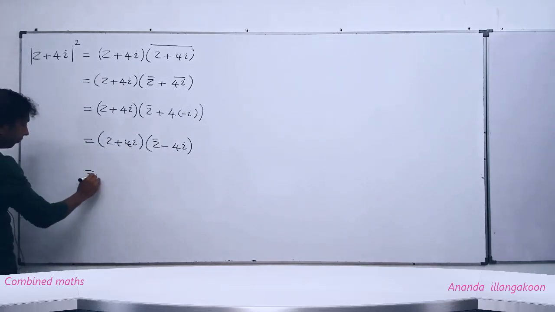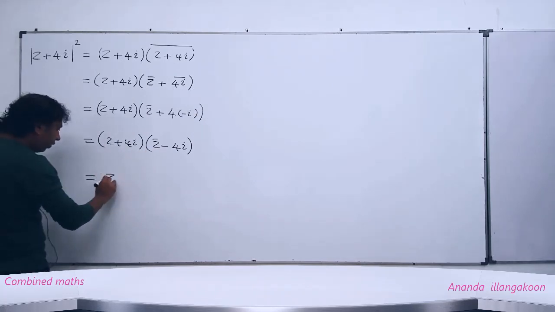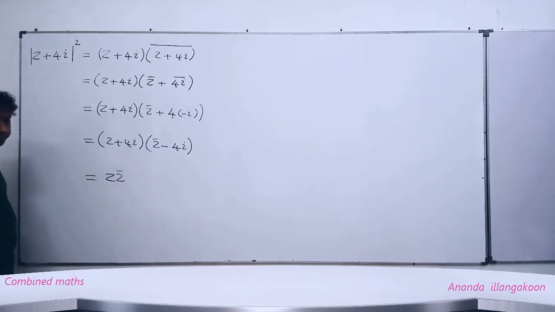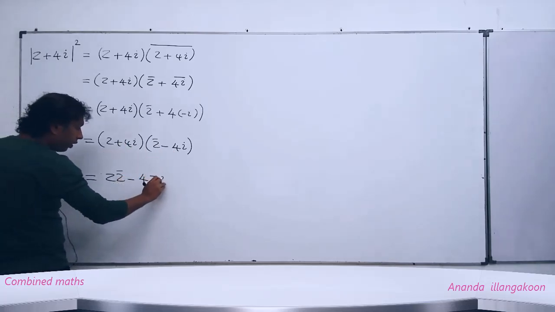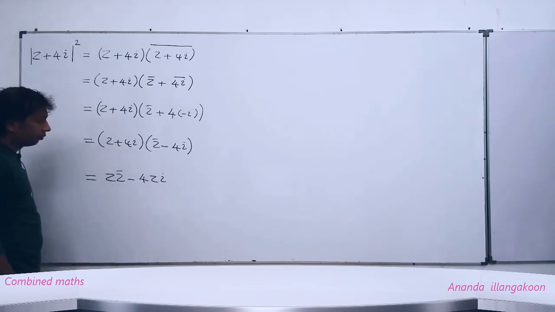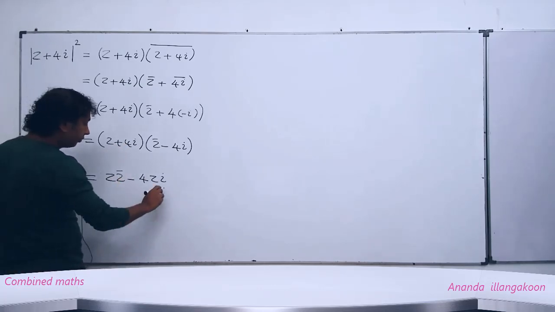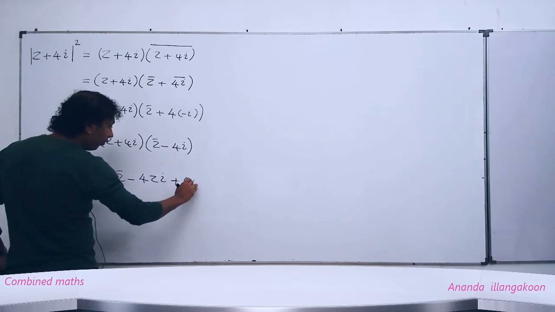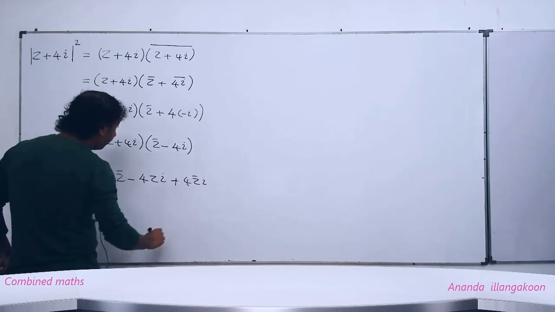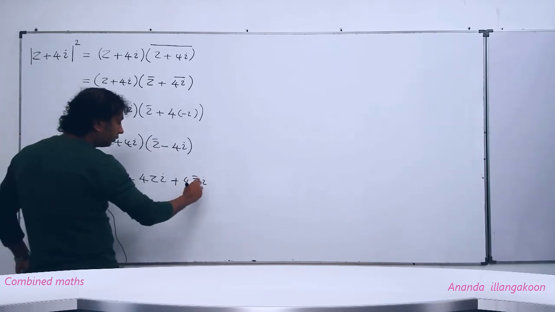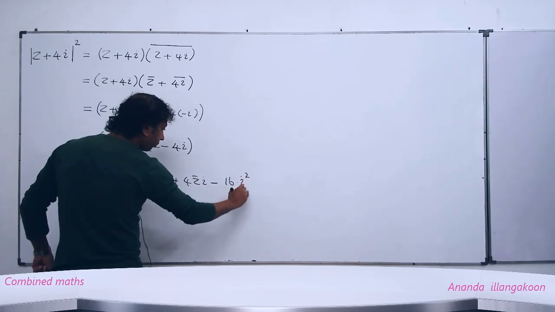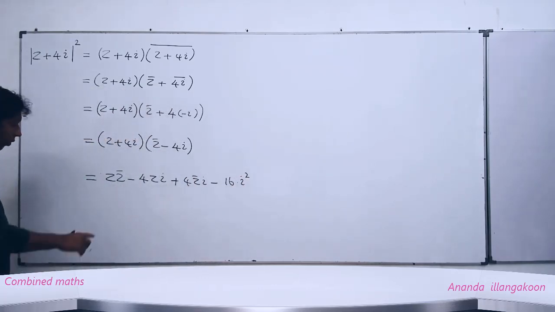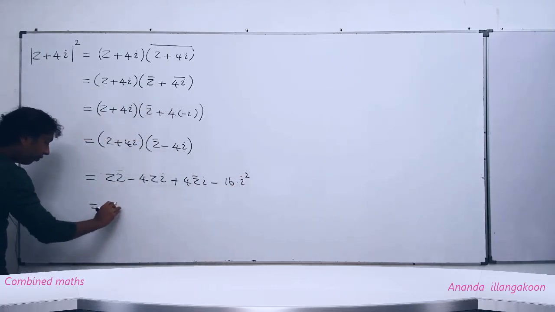Now you can write Z into Z bar. Right, people? Here Z for Z I, and here for Z bar I, this and this, minus 16 I squared. You know, people, Z Z bar is mod Z squared.